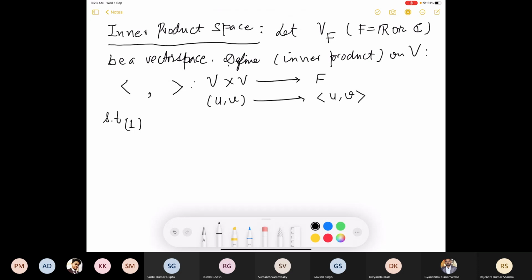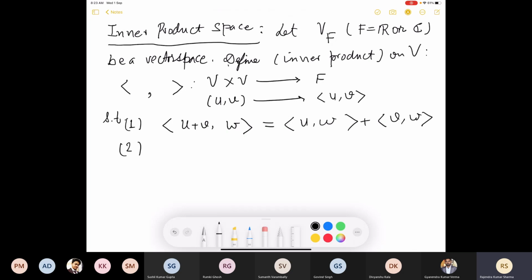Let us take first: u plus v comma w is the same as u comma w plus v comma w.